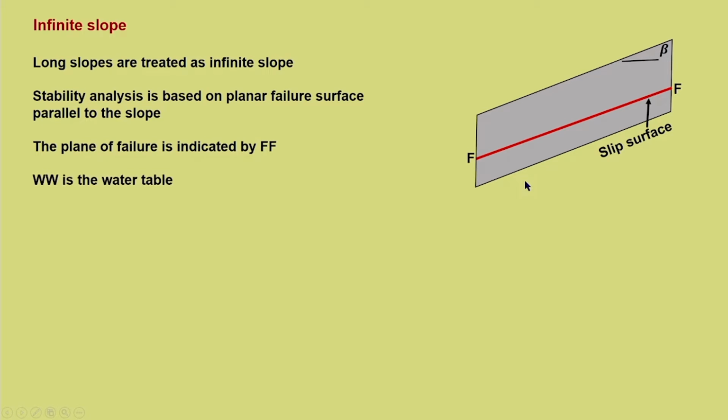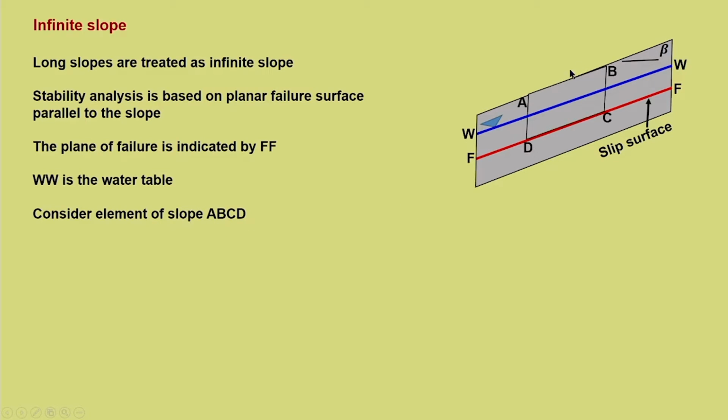Now, let us incorporate the water table into the slope condition, where WW is the water table within the slope. Now, let us consider the element of slope ABCD, and let us try to analyze this. The length of AB is L along the slope.